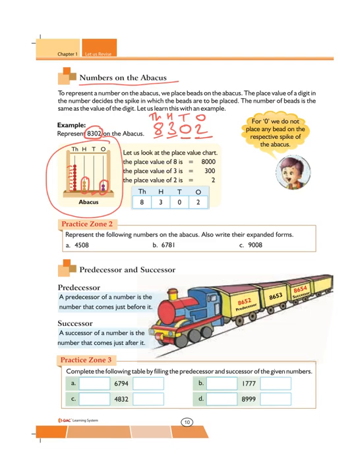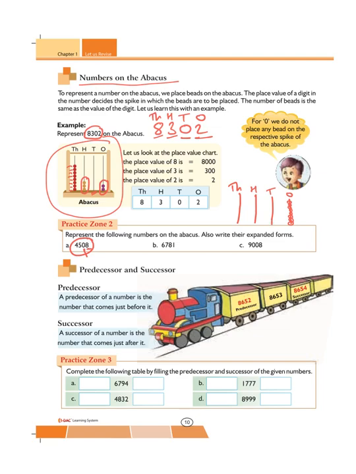Let's take one example, 4508. We have spikes for thousands, hundreds, tens and ones. At ones place we can see 8, so we will put 8 beads, 1, 2, 3, 4, 5, 6, 7, 8. Then on tens place we have 0, so we will leave this blank.